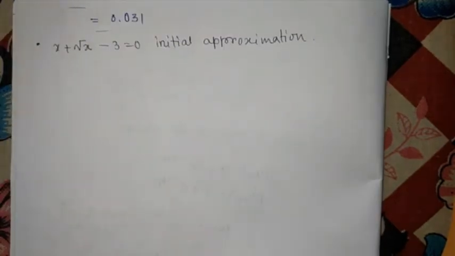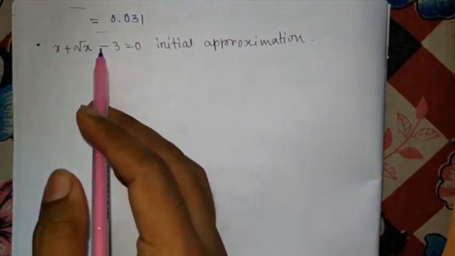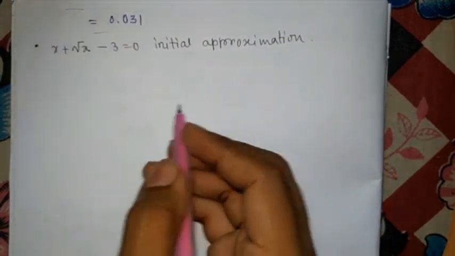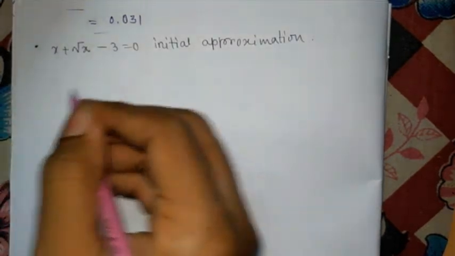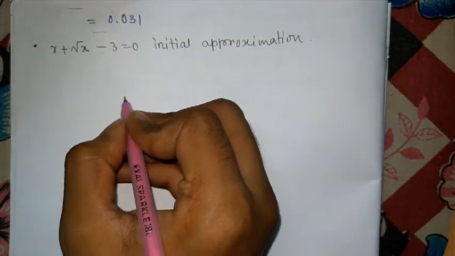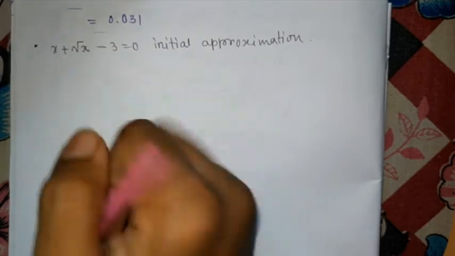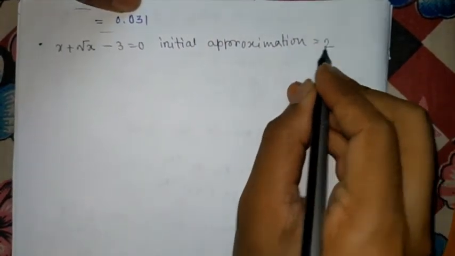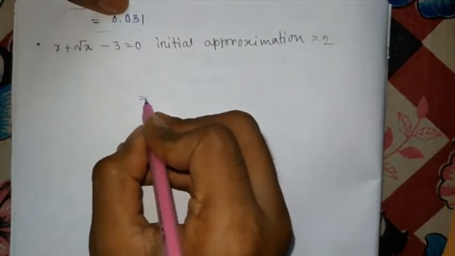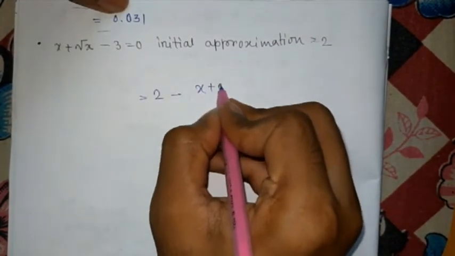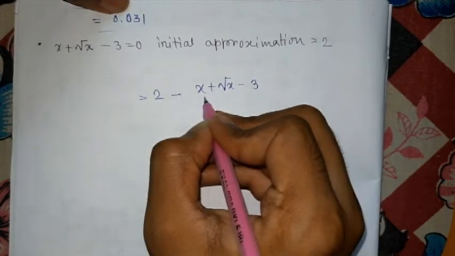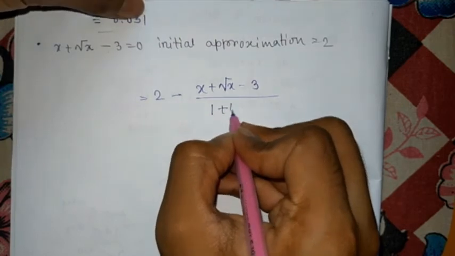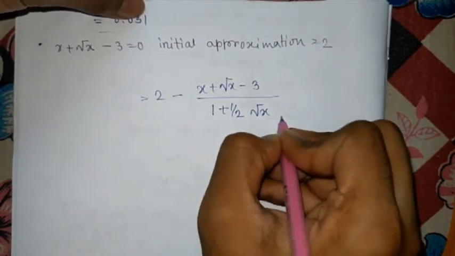Our next problem is x plus root of x minus 3 equals 0, asking for the initial approximation. This is given: the initial approximation is equal to 2. So 2 minus (x plus root x minus 3) divided by the derivative of this, 1 plus 1/(2 root x).